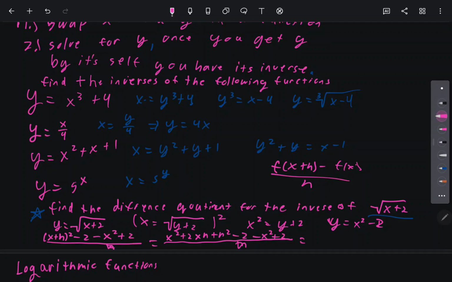We can cancel some terms: the negative x squared and the x squared, and the negative 2 and the positive 2. We're left with 2xh plus h squared all over h, or we are just left with 2x plus h. And that would be the difference quotient of the inverse.